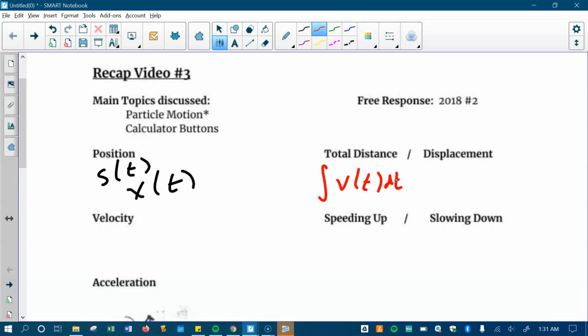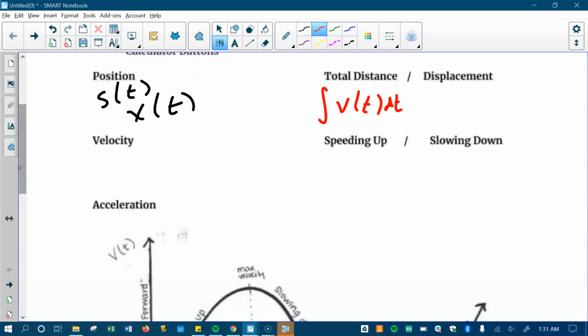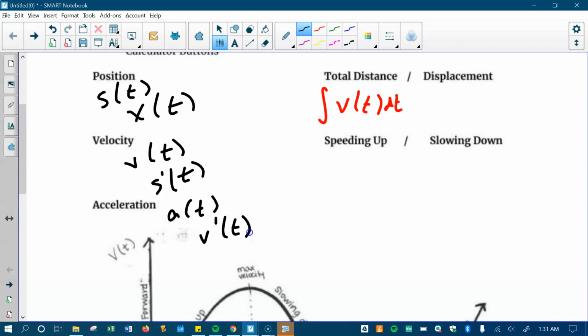Actually, maybe I'll go vertically here. Okay, so the velocity function is going to be v of t, but it's also s prime of t. The acceleration is going to be a of t, but it could also be v prime of t, or it could also be s double prime of t, the second derivative of position.